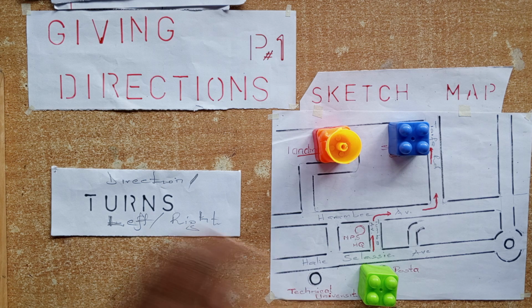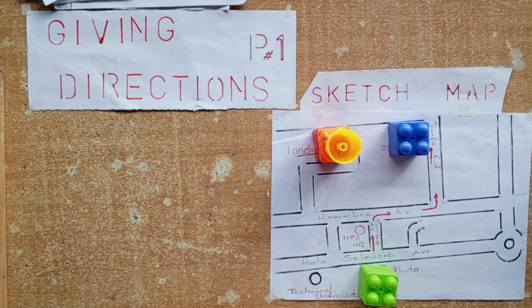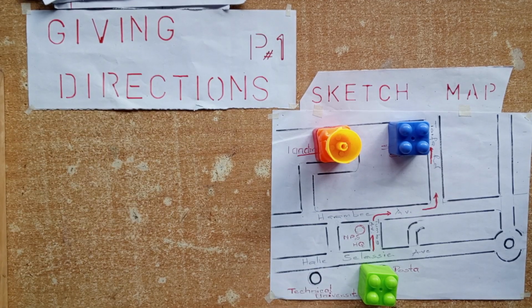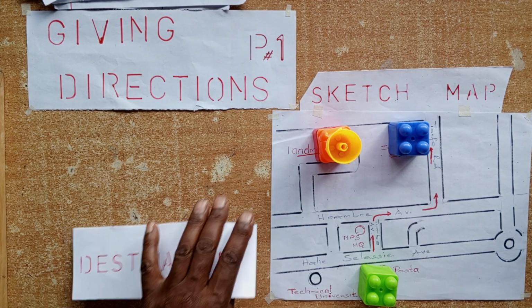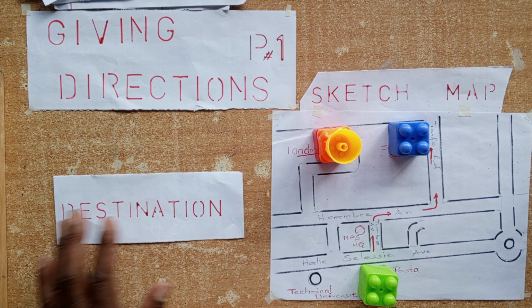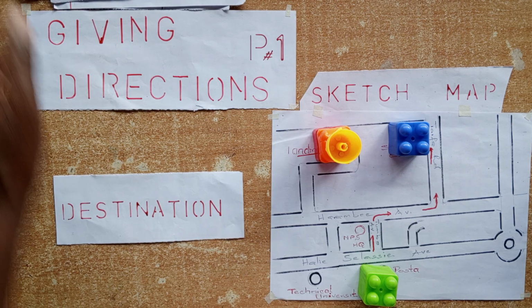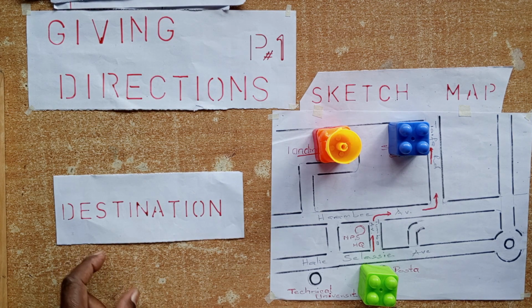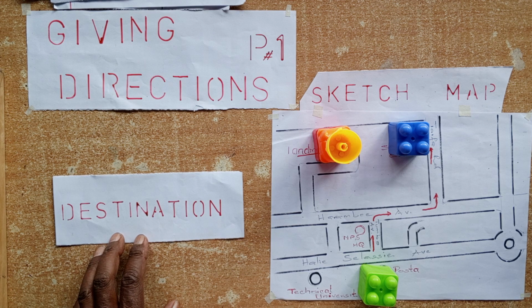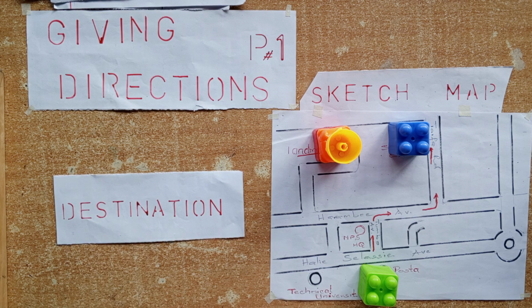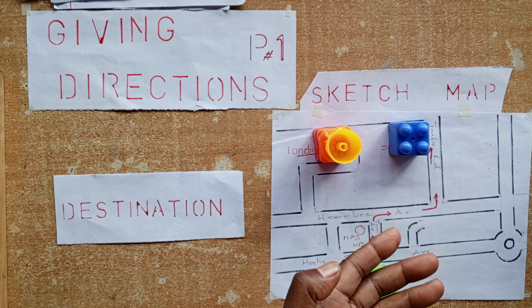When giving direction, enable the stranger to keep track of where he's headed to. So make sure you mention everything about the destination. What does that mean? Describe what one will see when they arrive there. Help them to recognize the house. Describe the house.